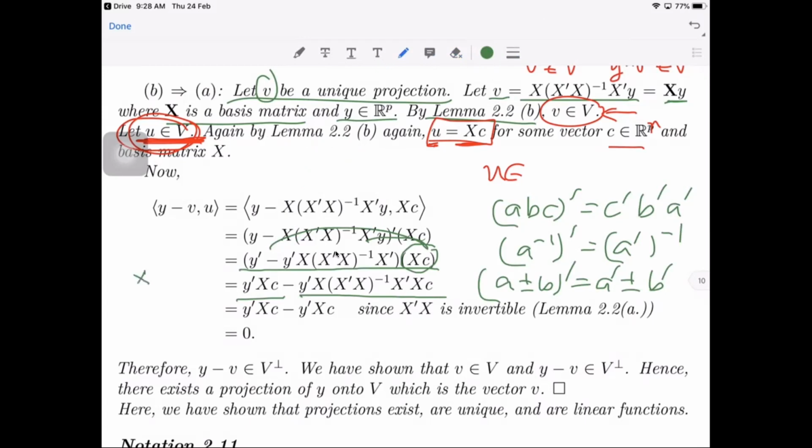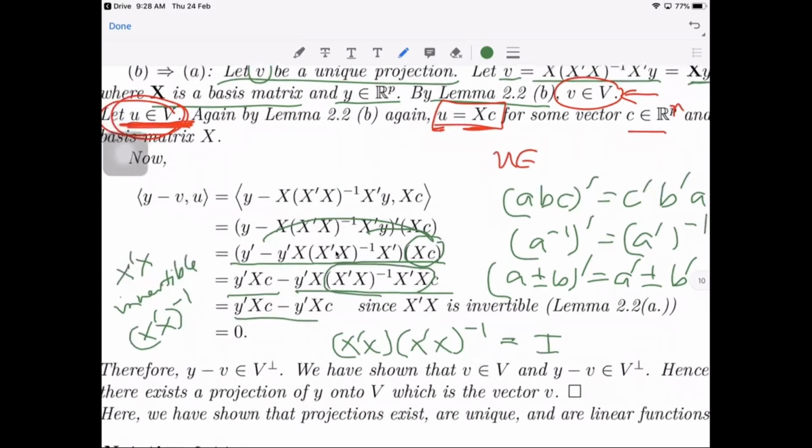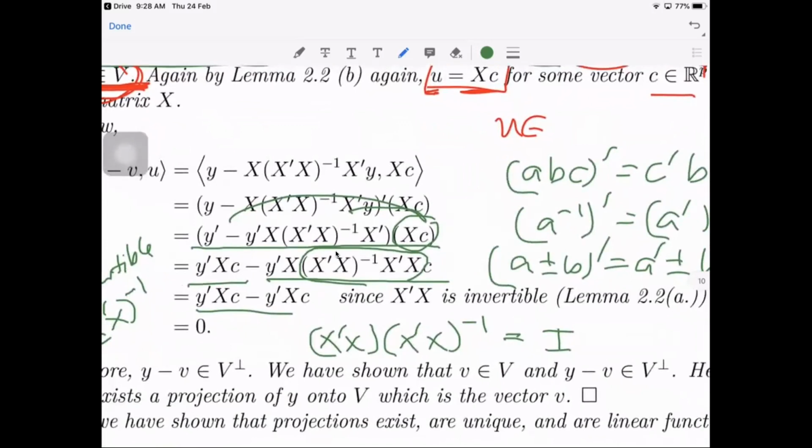But x prime x invertible means, sa kani ang x prime x invertible, meaning x prime x inverse exists and x prime x inverse is just the identity matrix. So this part here is your identity matrix, which leads you to this equation. And that is 0. So what is the meaning of that?